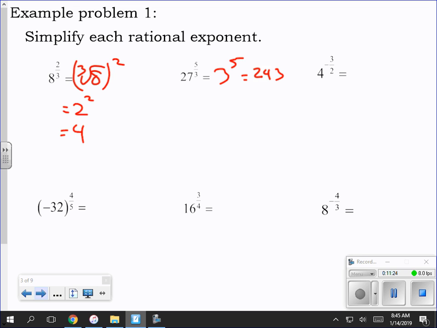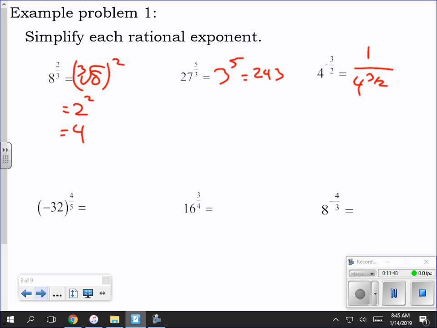The next one's complicated. I actually have 3 things going on there. I have the 3 in the numerator of my exponent. I have the 2 in the denominator of my exponent, and I have the negative as part of my exponent as well. The negative means that I have 1 over 4 to the 3/2.